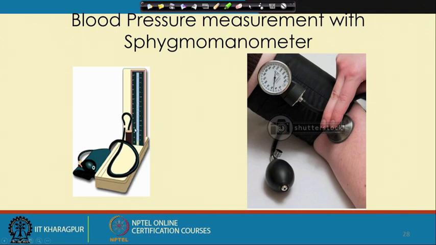Here is the mercury column, or a dial that indicates what the pressure change is, and there is a small pump through which we can pump air, and it is connected to a cuff band. We wind the cuff band on the arm, and through that pump we inflate the band.